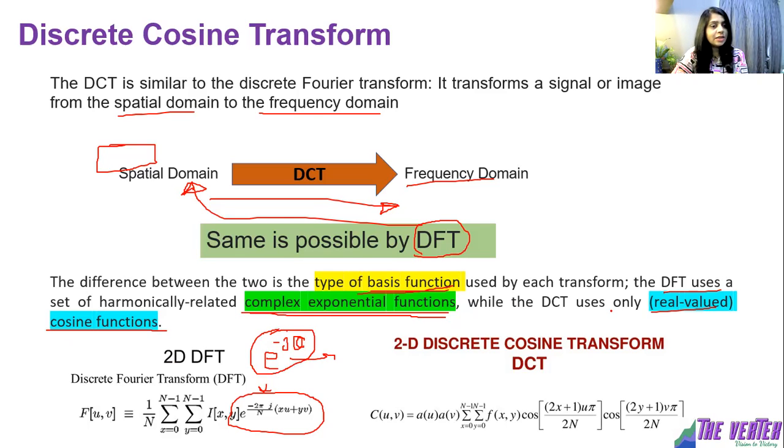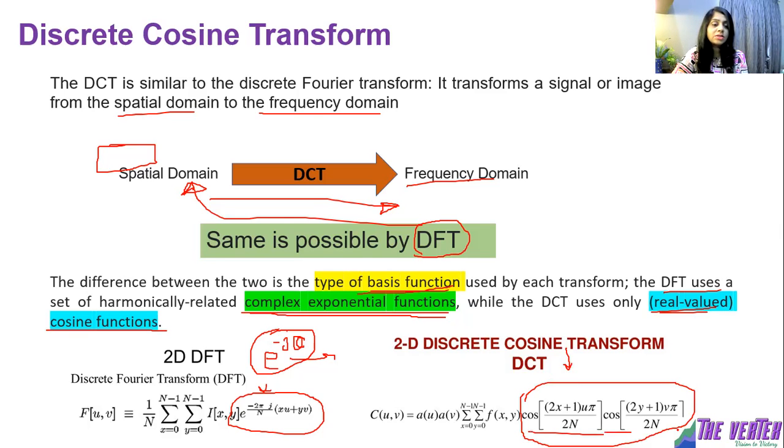Whereas DCT uses only real valued cosine functions. Now let's see the formula of DCT. You can see this is the basis function of DCT. In this basis function, there is no exponential term, only a cos term is available.